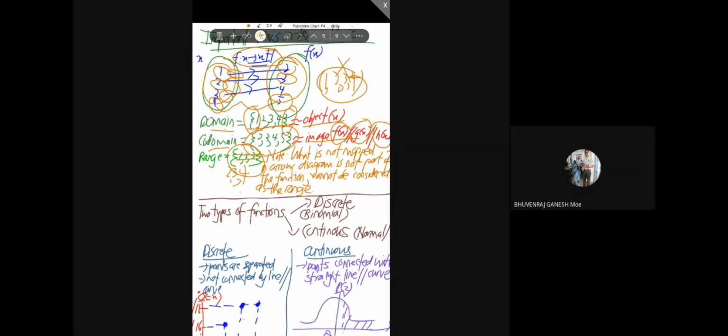So range is only something that is within the function given. We cannot put any values that do not satisfy the function given. So that's why it's not included in the range. For range we also use the curly bracket, same thing.